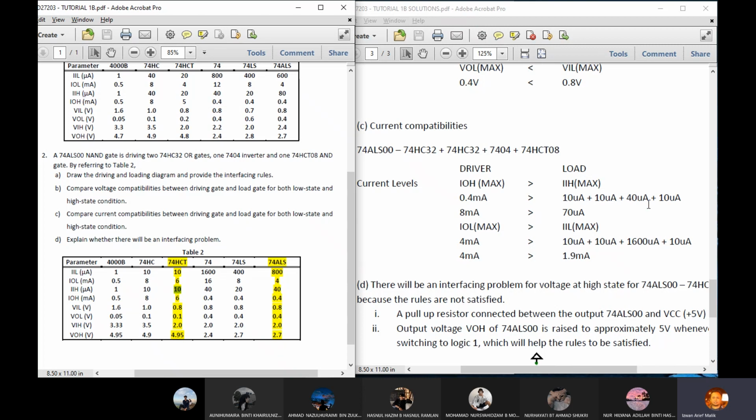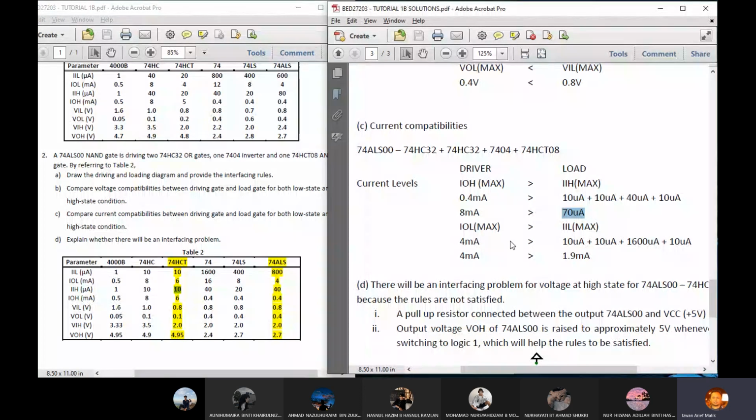So 10 plus 10 plus 40 plus 10 equals 70 micro. Is 8 milliampere greater than 70 micro? Obviously. So this one is correct. So this equation is satisfied. The conditions are fulfilled.